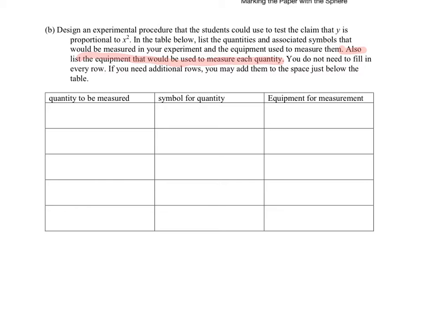Right, so initial height, which I'll symbolize by y, and I'll measure using a meter stick, and the final distance x squared, so I'll need the landing distance, which I'll call x, which I'll measure with a meter stick. And bizarrely, that's all we need. If we have those two numbers, we can test the claim that y is proportional to x squared. So we just need an experiment that will let us do that.